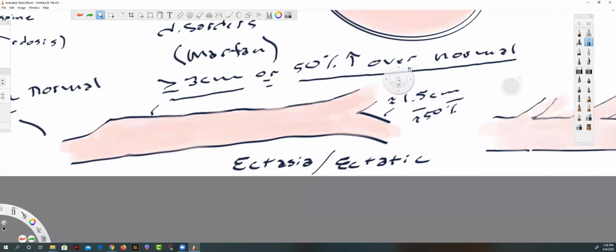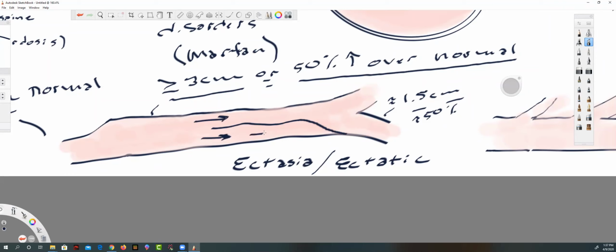Let's just give this guy a dissection here. The blood is able to flow over and under. However, if the dissection ends like that, this flow down here cannot go very far before it runs into basically a wall, so it is no longer really going forward.